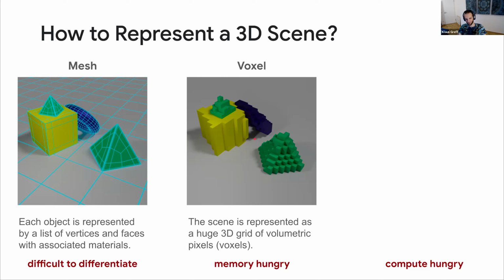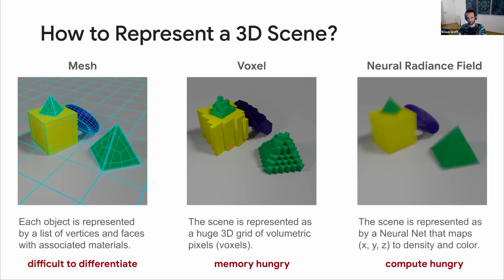However, this is either extremely coarse, like in this example, or extremely memory hungry, because if we want to tile 3D space with 1,000 by 1,000 by 1,000 voxels, that quickly grows so ridiculously large that we run out of memory.